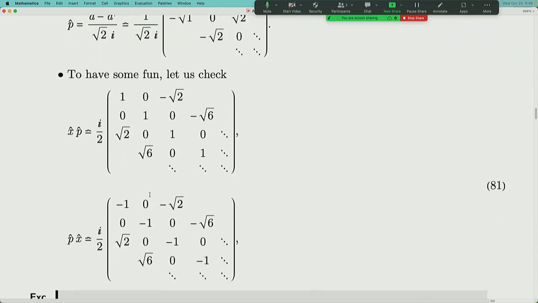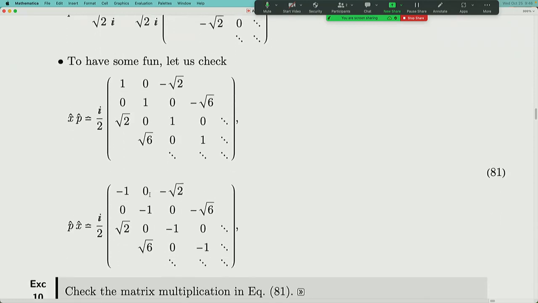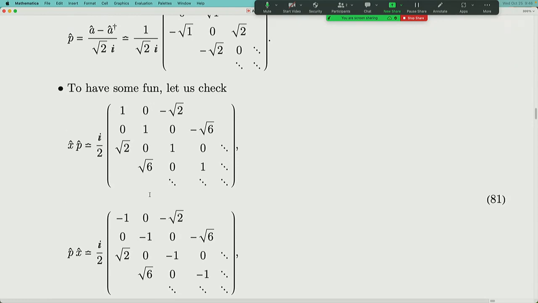To have some fun, we can check whether the commutation relation is correct. You can actually take these two matrices, type them into Mathematica, and multiply them together. So you can do x multiply p, and you will get this matrix. And then you do p multiply x, and you will get this matrix. You can see these two different ways of multiplying the x operator and p operator are not the same, meaning that these two operators don't commute.